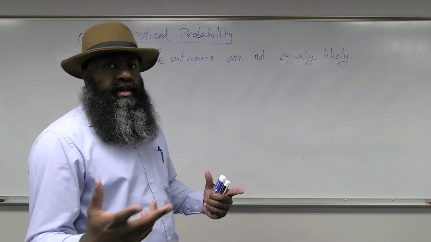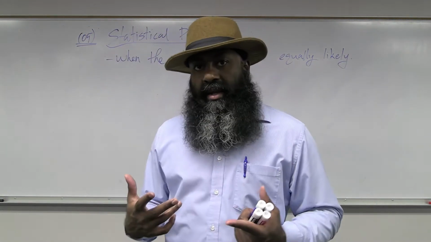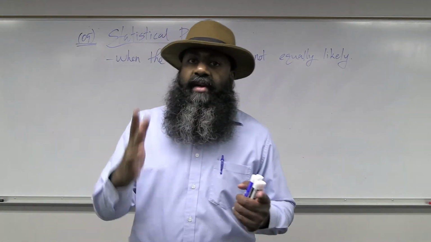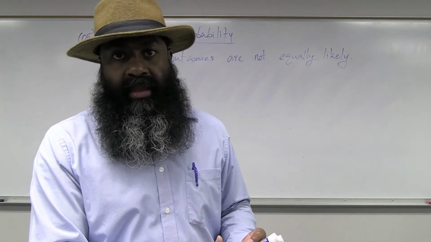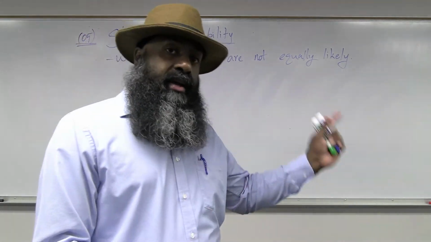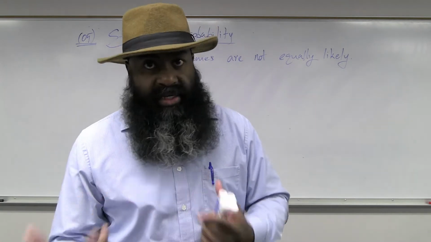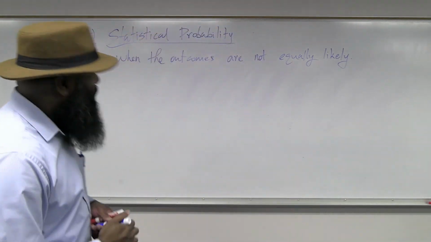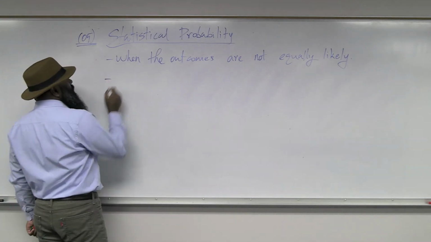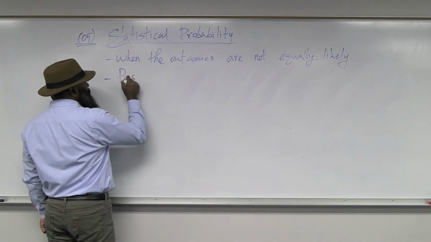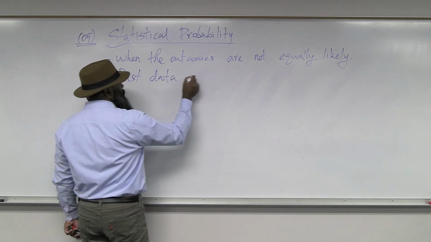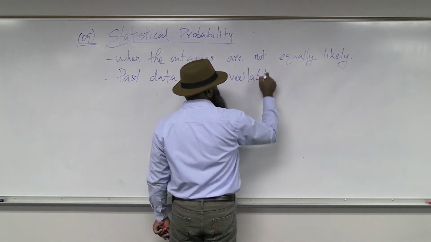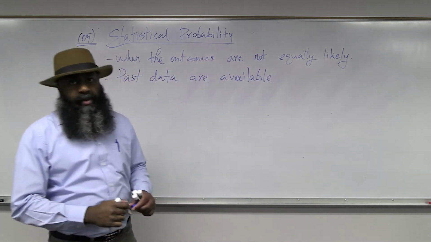Just because the outcomes are not equally likely, we cannot simply go for statistical probability unless you have the past data. If you have the past data, we can figure out a probability distribution which will be different from the uniform distribution. So there's that second requirement: the past data are available, so that we can figure out the probability distribution.